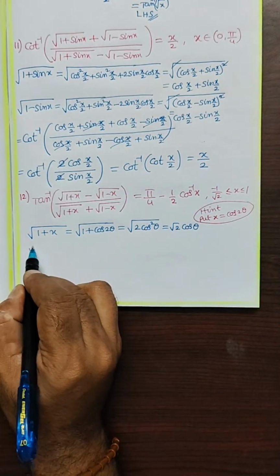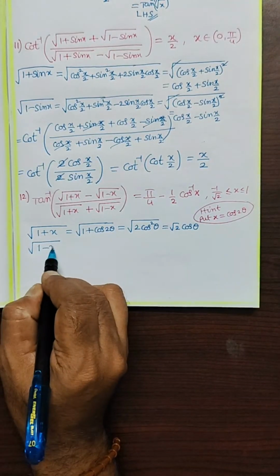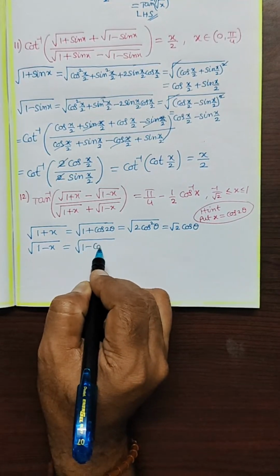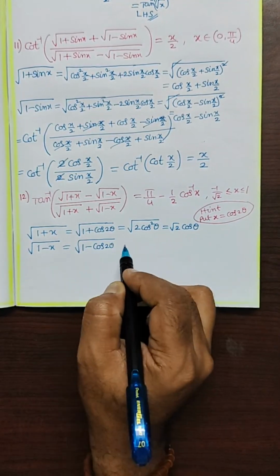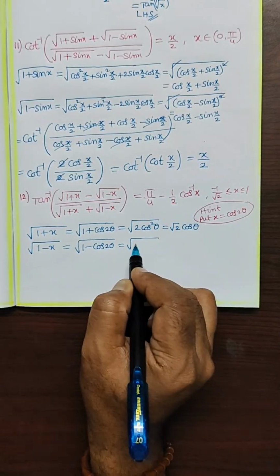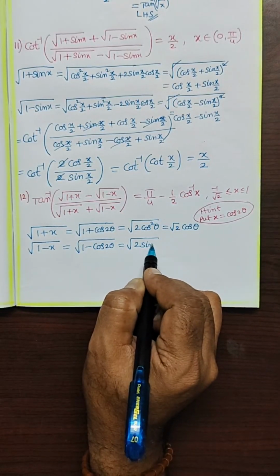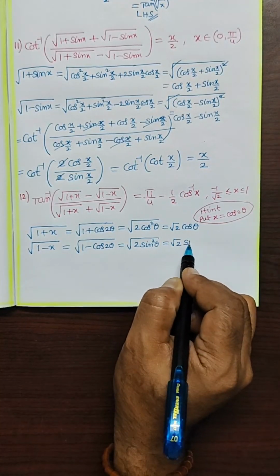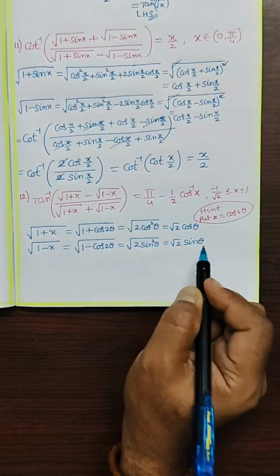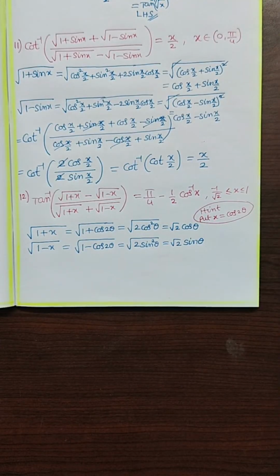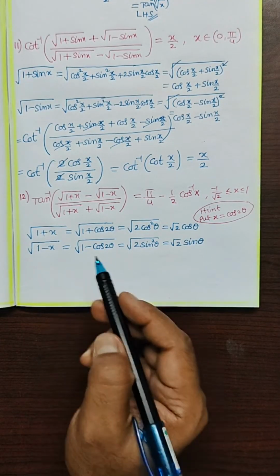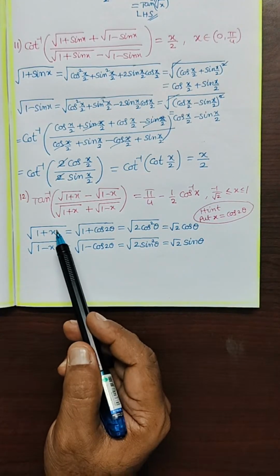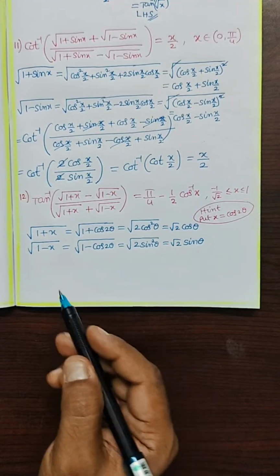Similarly, root 1 minus x is root 1 minus cos 2 theta, which is equal to root 2 sin square theta, which is equal to root 2 sin theta. So later the difference of these two and the sum of these two we can write.